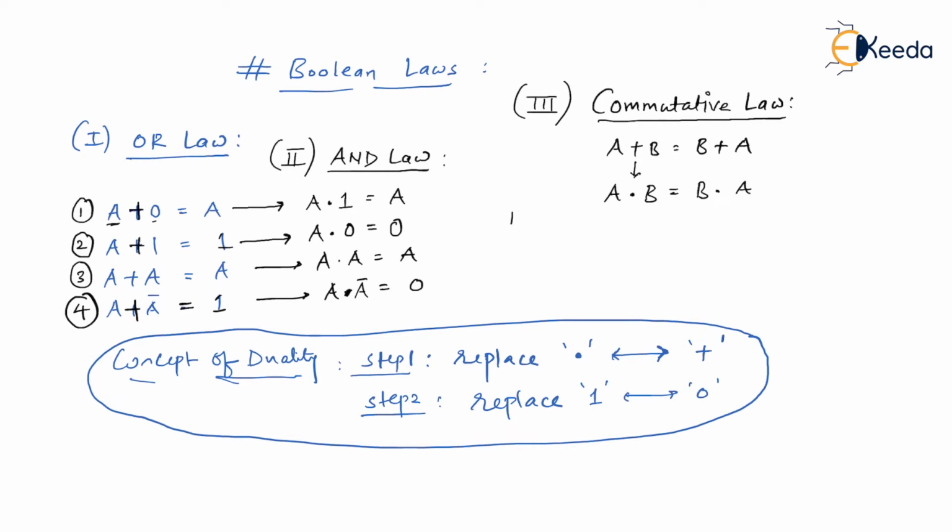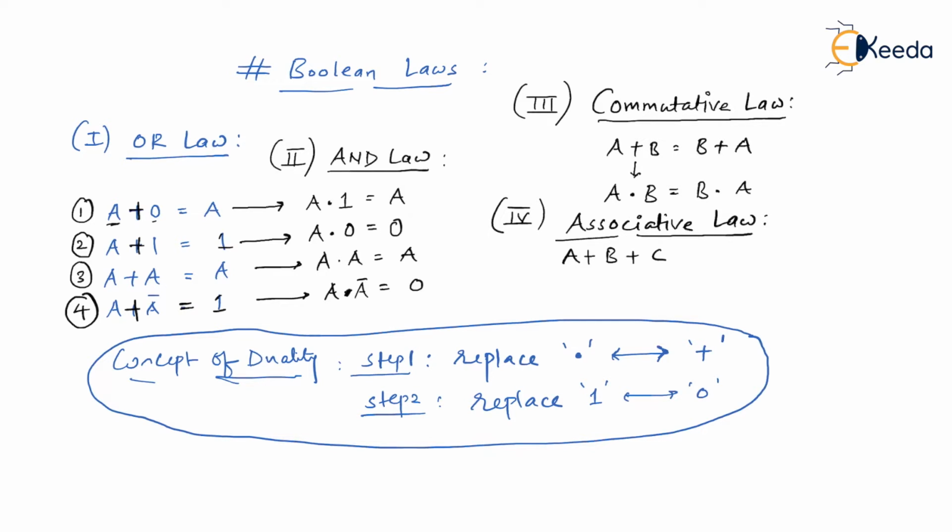The next category that we are going to see, the fourth category, is called associative law. So what is associative law? For that I need three variables, let's say A, B and C. Assume that I'm going to sum them together.